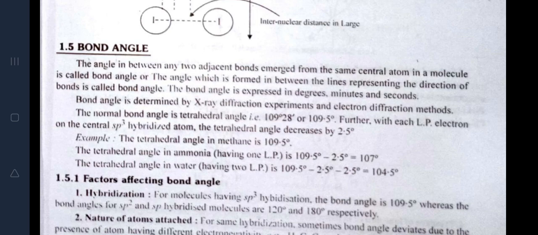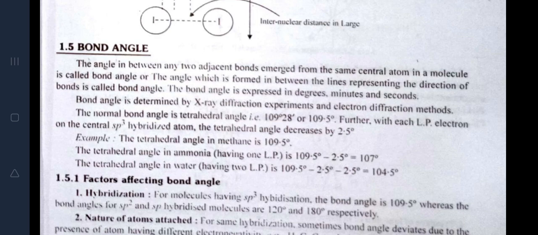The normal bond angle is the tetrahedral angle, that is 109 degrees 28 minutes. Further, with each lone pair of electrons on the central sp3 hybrid orbital, the tetrahedral angle decreases by 2.5 degrees. That is, the tetrahedral angle in methane is 109.5 degrees.